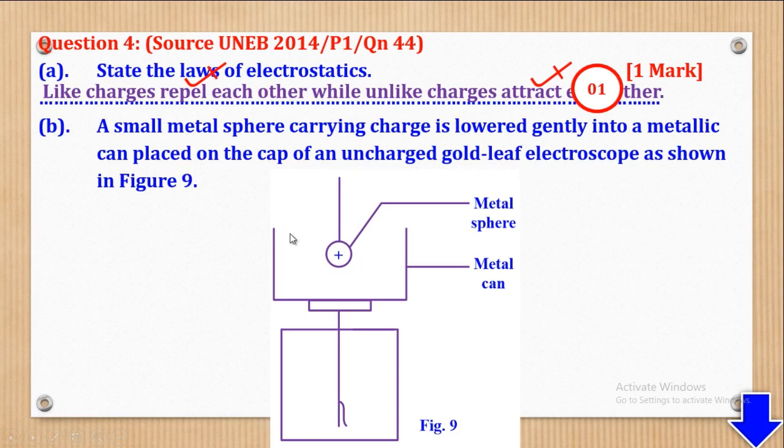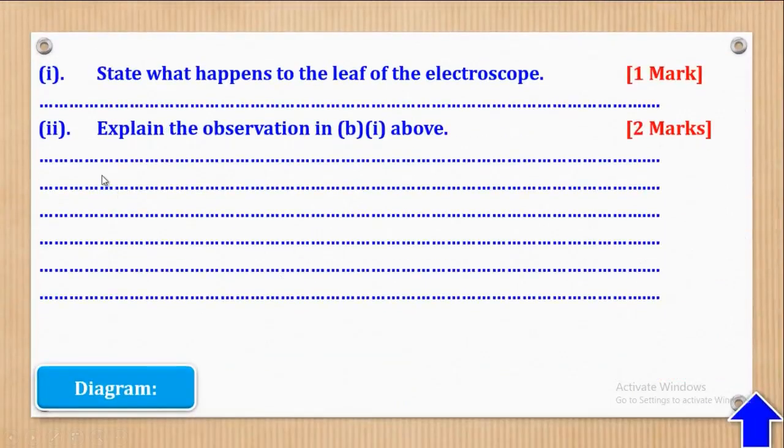Roman 1 says, state what happens to the leaf of the electroscope. So here I shall say that the leaf diverges, and that will be 1 mark.